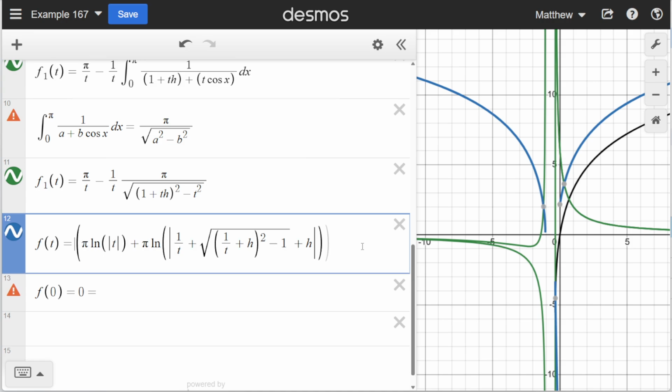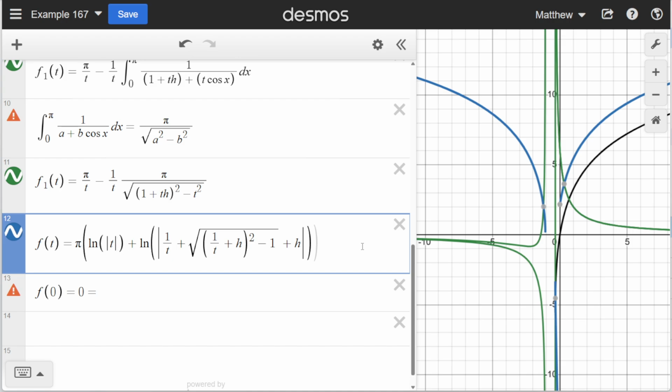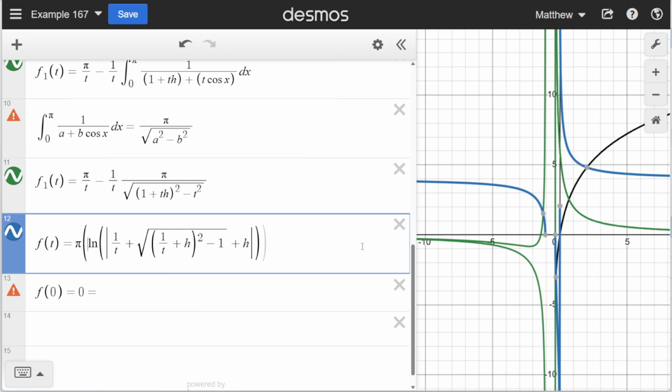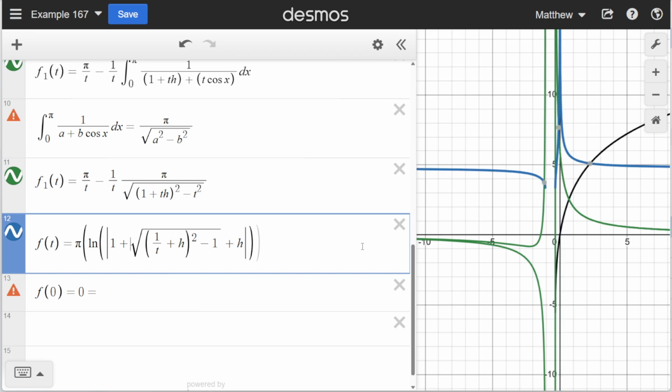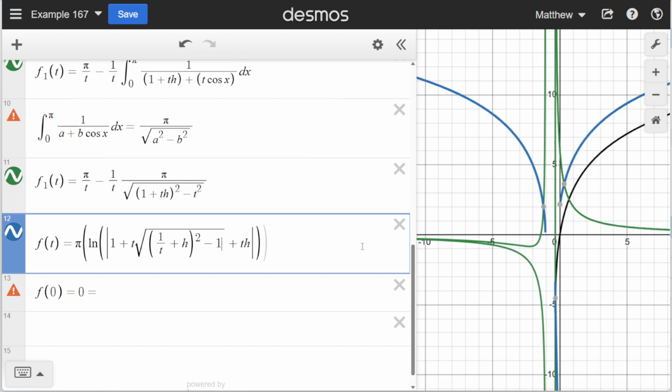So let's factor out a pi, and then use the properties of logarithms to bring this t inside this other natural log. Okay. So t comes inside. This is just going to become a 1, and then we're going to get a t. Let's bring this t inside the square root as a t squared.